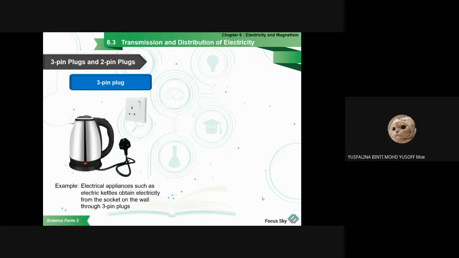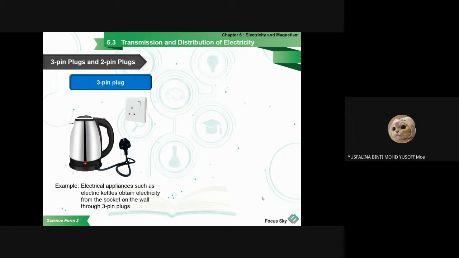So 3-pin plugs and 2-pin plugs. For 3-pin plugs, electrical appliances such as an electric kettle obtain the electricity from the socket on the wall through 3-pin plugs. The 3-pin plug is used for electrical appliances that need high voltage, such as an air conditioner, kettle, and rice cooker.